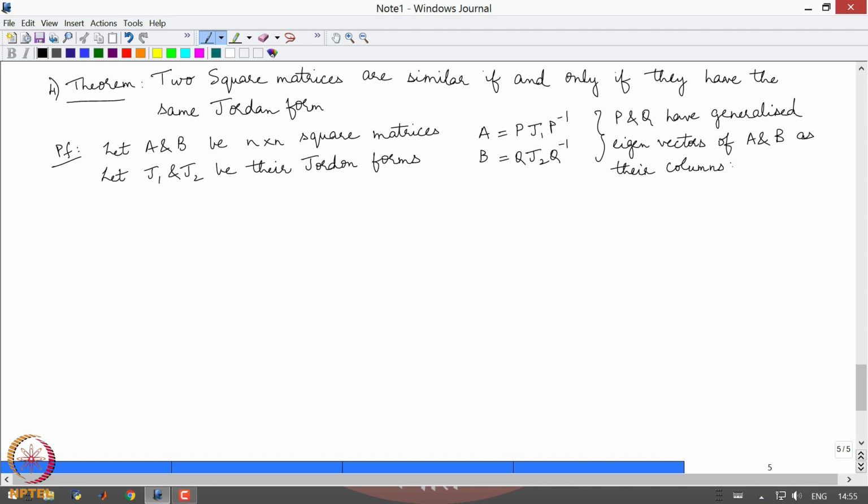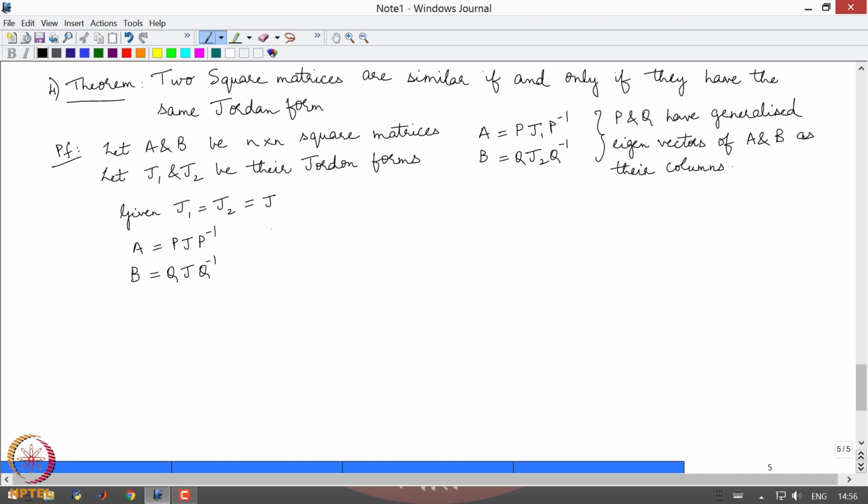So, now we will go to the proof. The if part: we assumed that it is given that the Jordan forms are same, which means J1 is equal to J2, which I will call J. Then I can rewrite the equations: A is P J P inverse and B is Q J Q inverse.